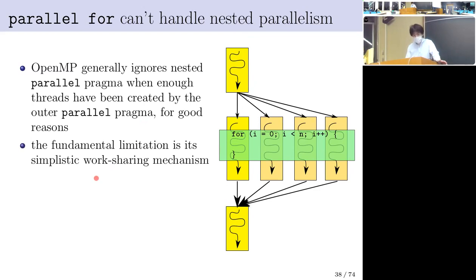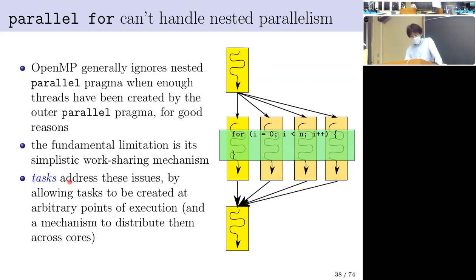The fundamental underlying limitation is that the mechanism with which it distributes work among different threads is very simplistic. Each task is represented by just a loop index, right? This is how, for example, dynamic scheduling divides the work among threads. It's not general enough, and tasks are exactly for addressing these limitations.